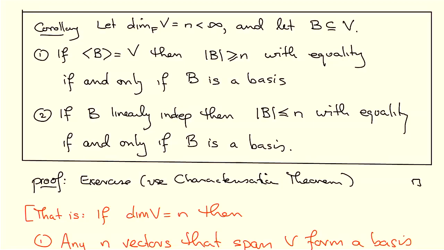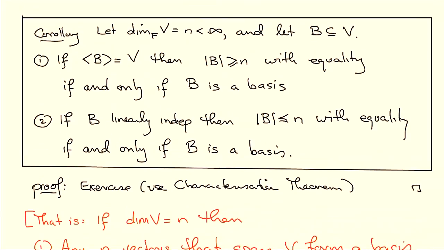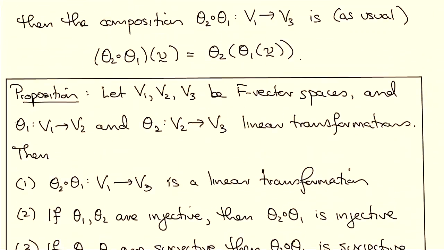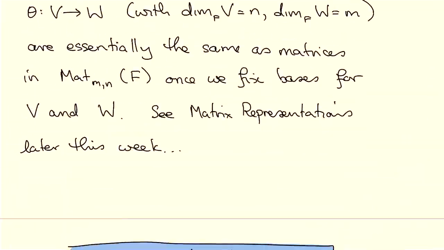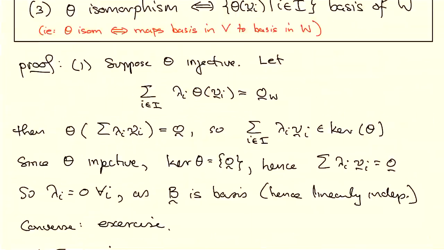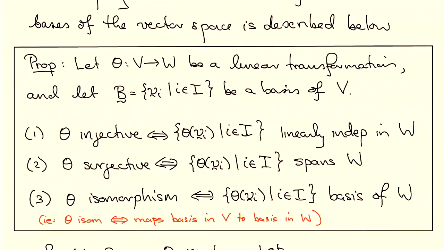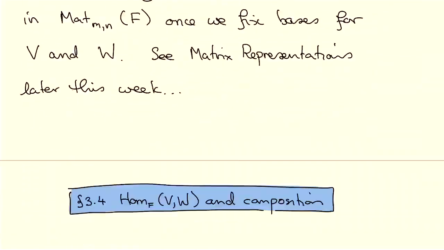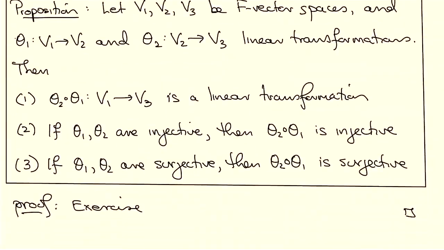I think it's better to use the characterization theorem. So what I'm saying is if you think of V as Fn, take the matrix with those vectors as its columns, think of that now as a linear transformation from the vector space to itself, and then use this stuff here. There's certainly more than one way to skin a cat with linear algebra.